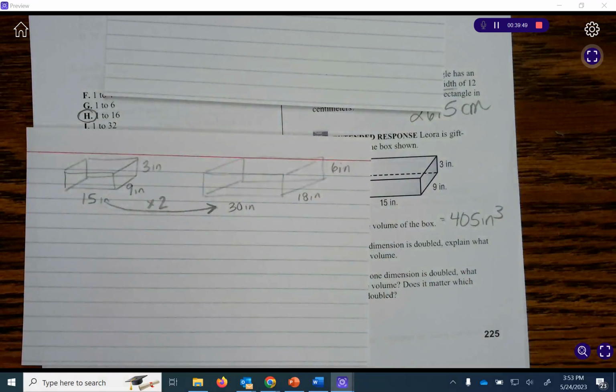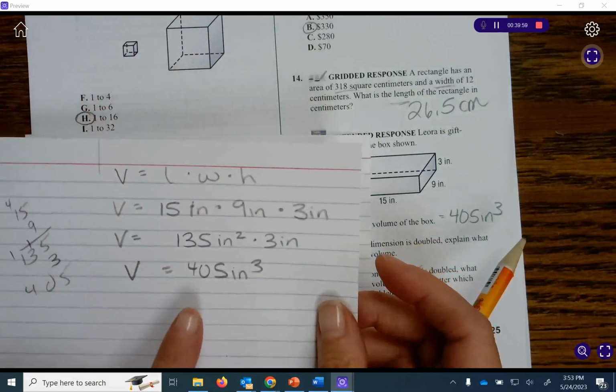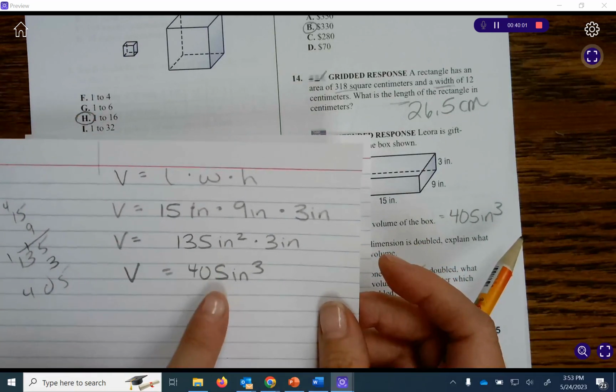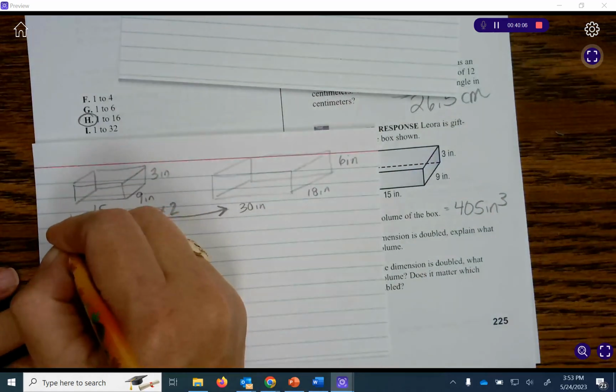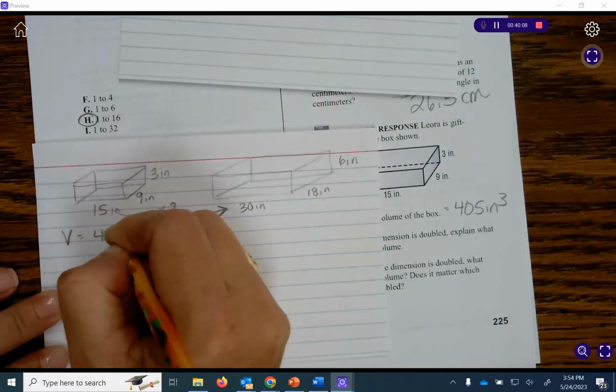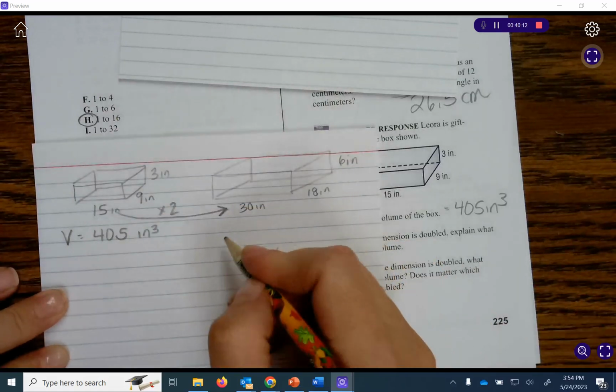All right. So, here we go. We've already established that the volume of the smaller rectangular prism was 405 inches cubed. So volume equals 405 inches cubed. So we're going to figure out this one.